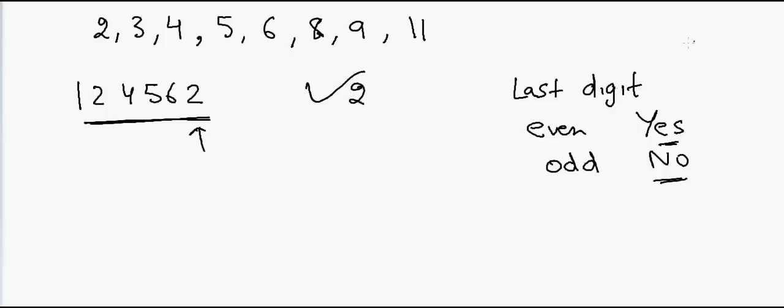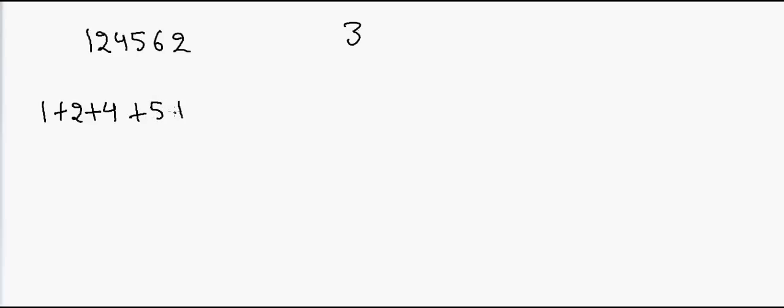Now let's talk about division by 3. If I have 1 2 4 5 6 2 again, and I'm looking at whether it's divisible by 3 or not, what I'll do is add all these digits together. So 1 plus 2 plus 4 plus 5 plus 6 plus 2. That gives me 3 plus 4 is 7, 7 plus 5 is 12, plus 6 is 18, plus 2 is 20.